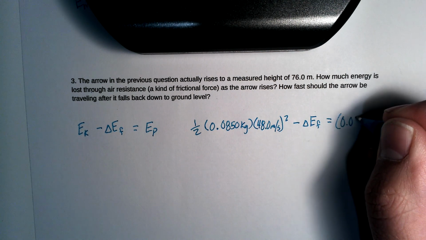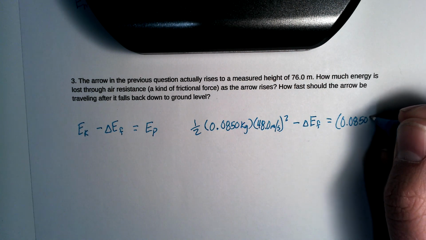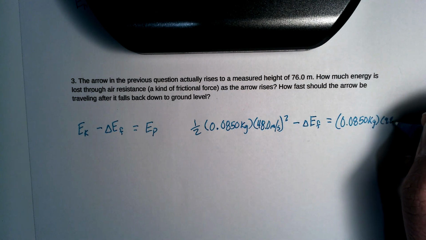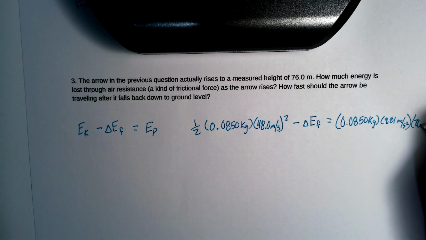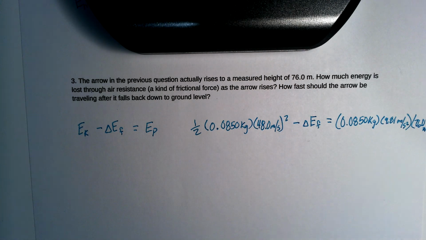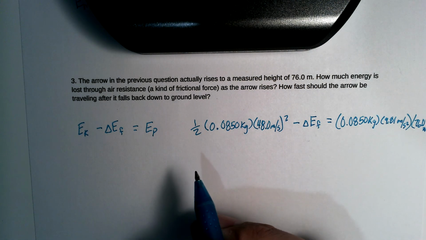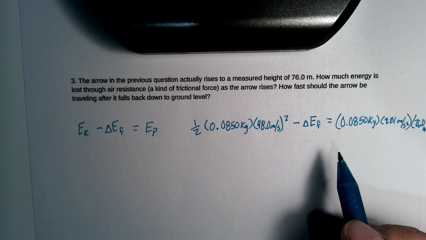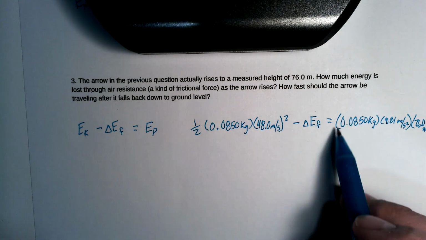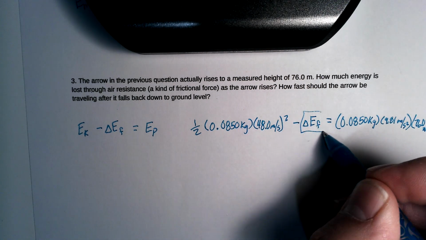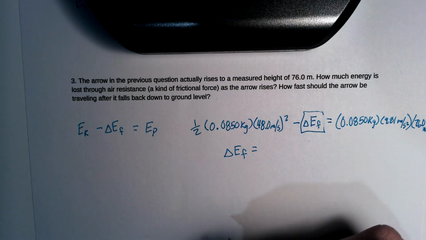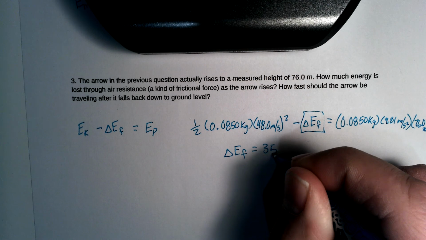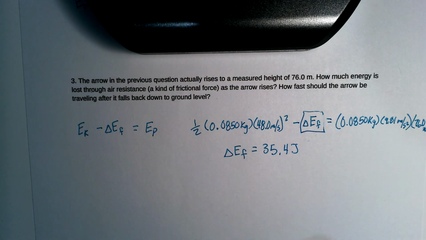So 0.0850 kilograms times 9.81 meters per second squared times our height, which we said is 76.0 meters. Now that we have this, we solve for the change in energy due to friction, which is equal to 35.4 joules. So that's how much energy we're losing due to air resistance as it's shot up.